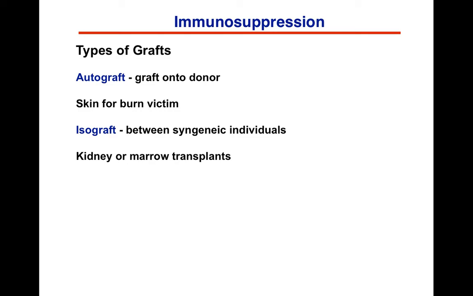It's between siblings, between a brother and a sister, or very, very close, potentially a cousin. Typical examples of these would be a kidney transplant or a bone marrow transplant. In some cases, you've seen this where people have actually had children in anticipation that the child might be genetically similar enough to the other child in order to do a bone marrow transplant.